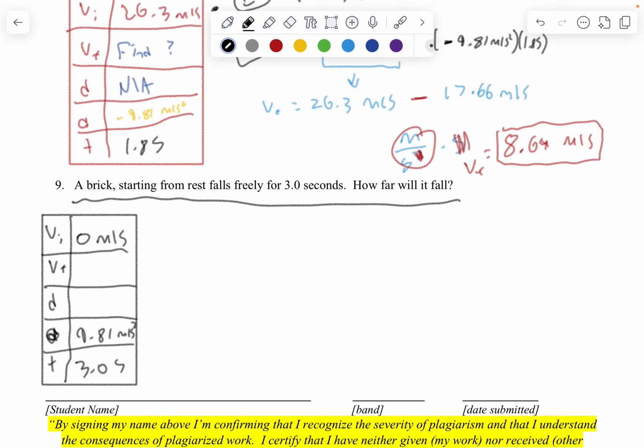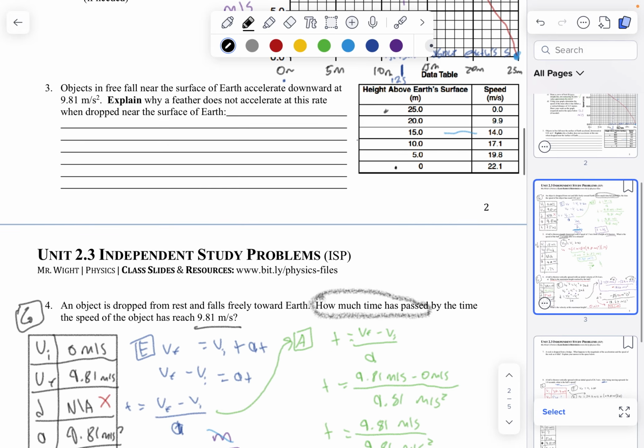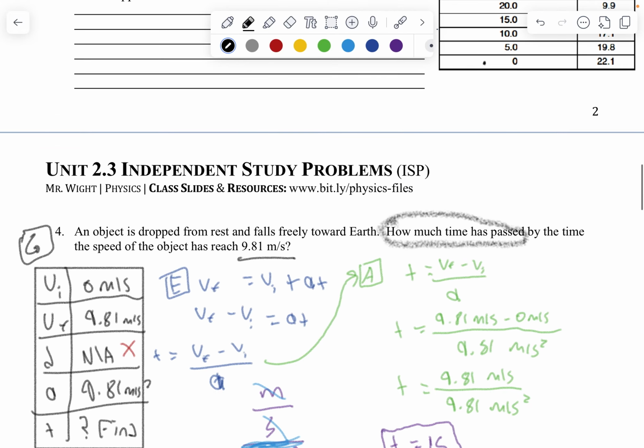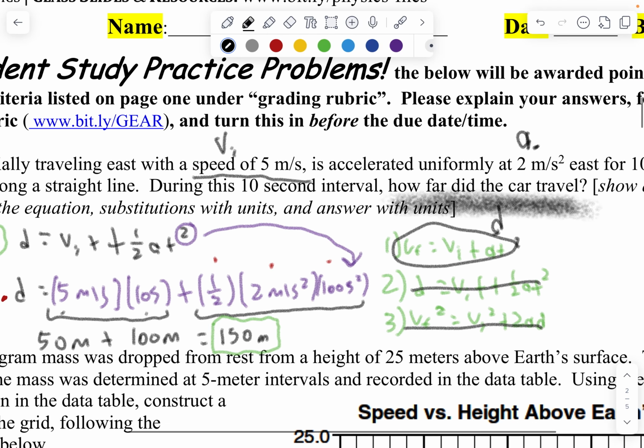So now displacement, what is that? We're trying to find that. And we don't know anything about final velocity at all. Which equation can we use? We want to use one that does not have final velocity. This one has final velocity.